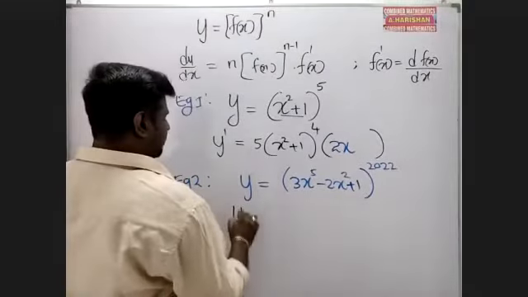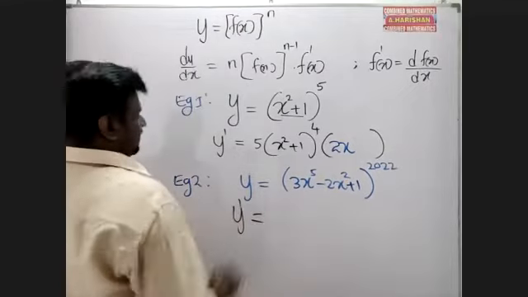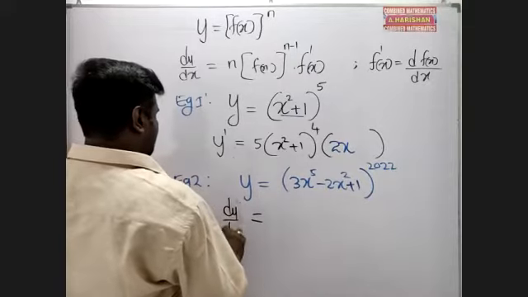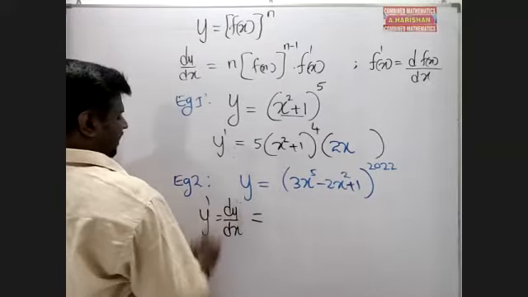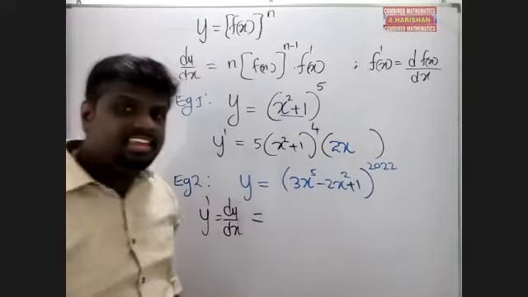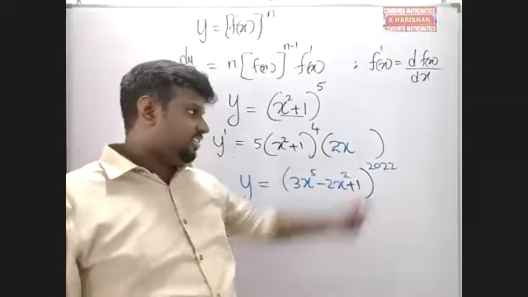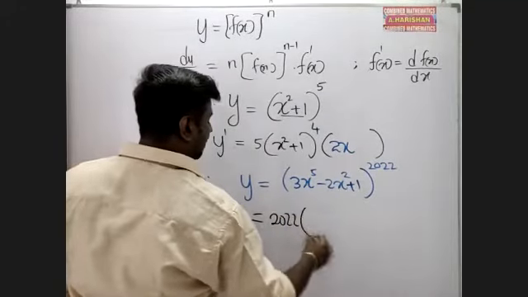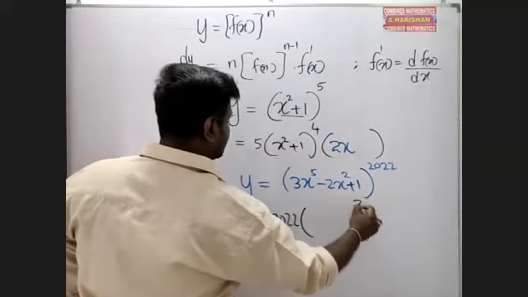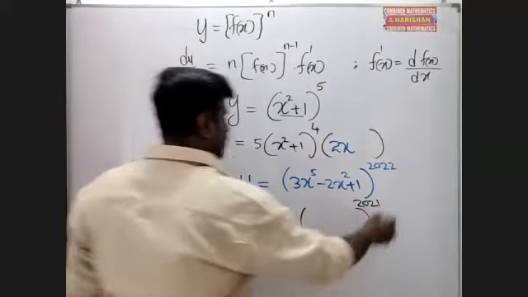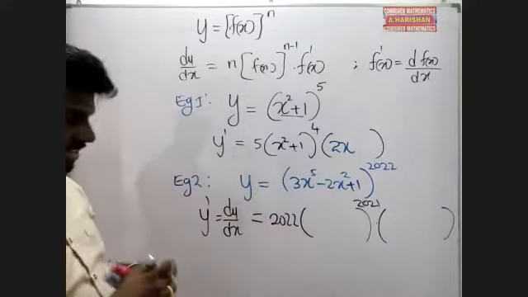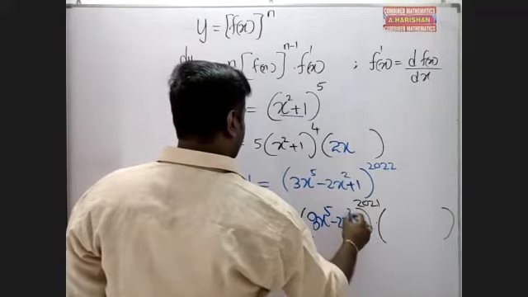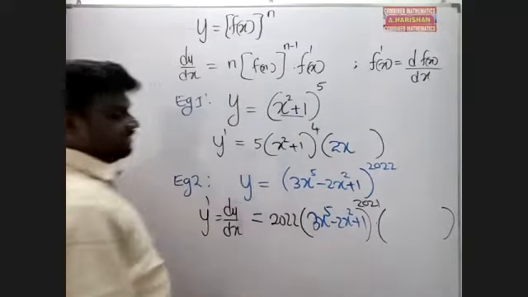Right, so we go for y prime. This time I write dy by dx. I state that dy by dx equals y prime. What I see is the power, I bring it down, then copy this here and make it 2021. Then open another bracket. Whatever is here you have to copy: 3x to the power 5 minus 2x squared plus 3x plus 1.